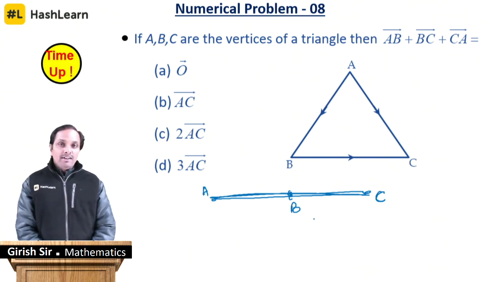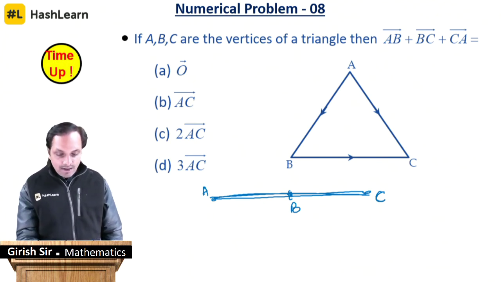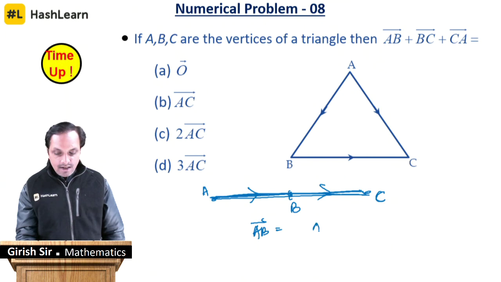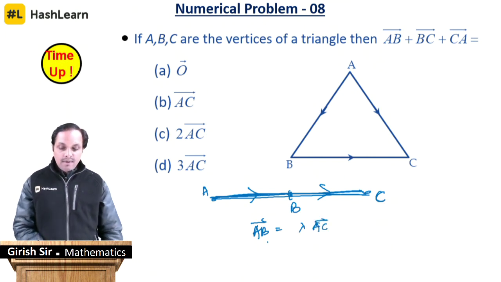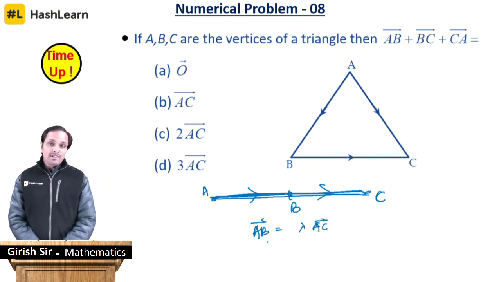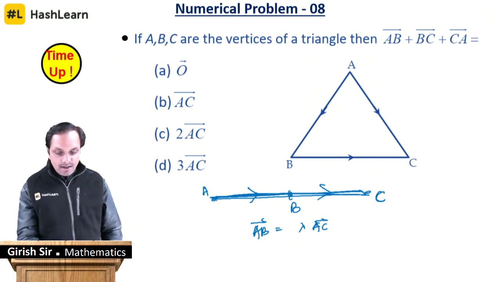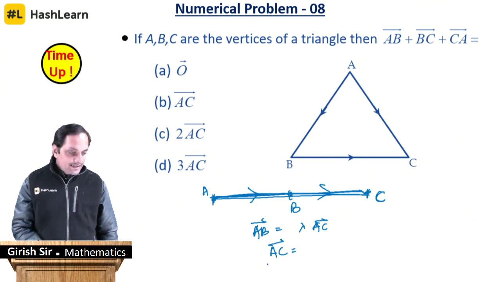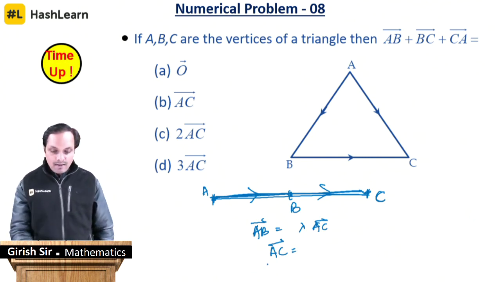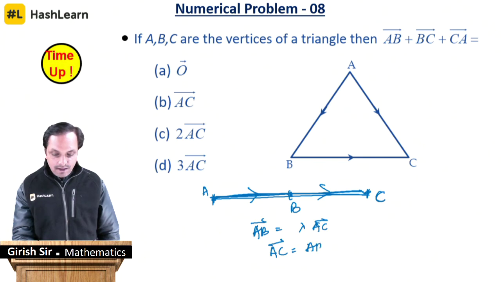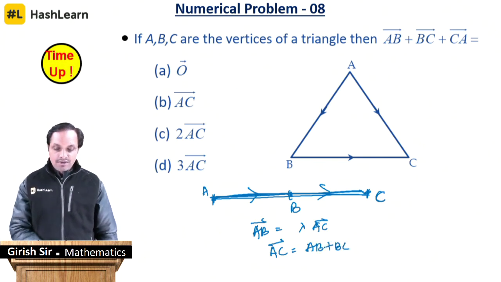So collinear means, okay, your AB vector and AC vector, they should be proportional. ये है पहला कंडीशन. A, B, C are collinear, they should be same. And you know that your AC distance है ना, that AC distance should be equal to AB plus BC distance.